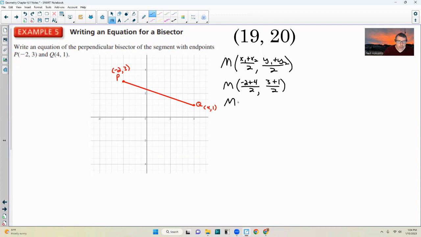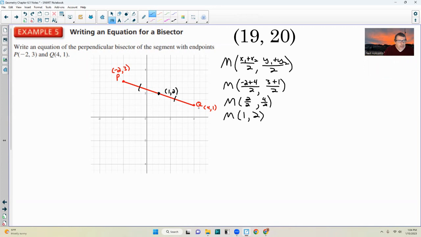So therefore, the midpoint is going to be the point: -2 plus 4 is 2 over 2, 3 plus 1 is 4 over 2. And then simplify the fraction. That's 1, 2. So if I go over 1, up 1, 2, I am right there. And that is the point 1, 2.